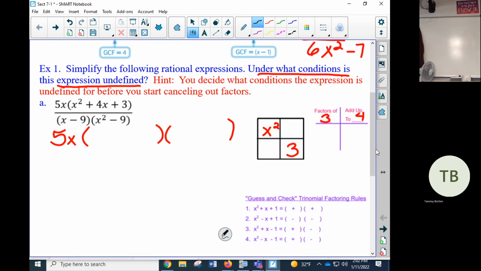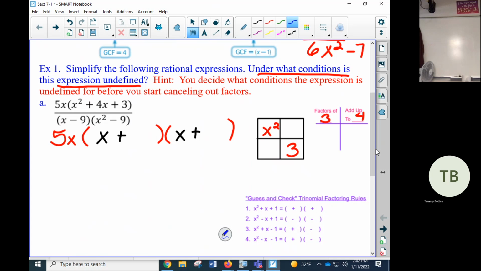And if they're both plus, what this tells you is if both signs are plus, the signs in the parentheses are both plus, okay? Then, if this is x squared, you know that it's going to be x and x. And then, without really writing it in here, you can do that.